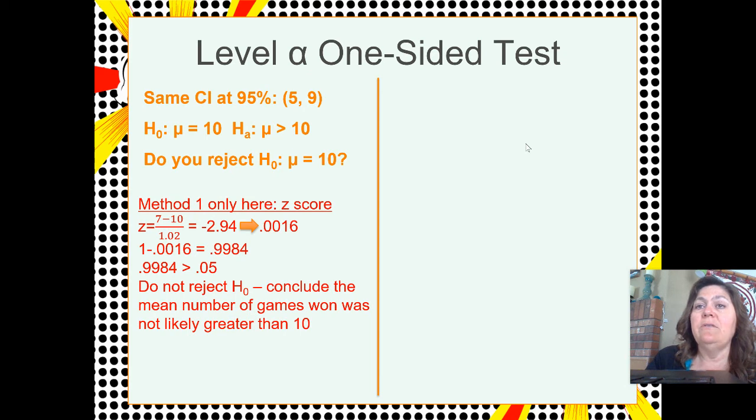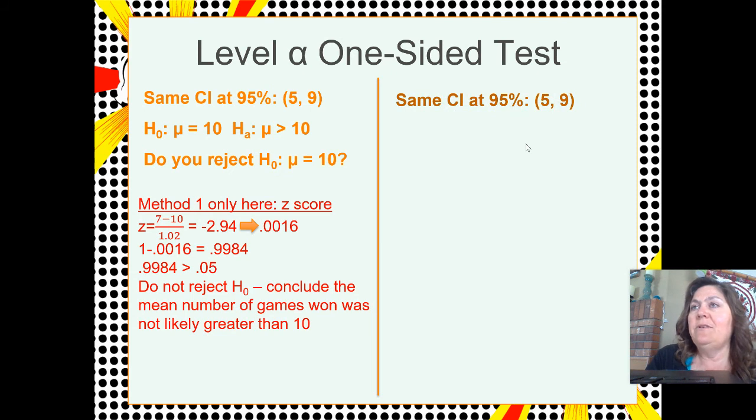And we're going to conclude that the mean number of games won was not likely greater than 10. We failed to reject H0, that it is 10. So we have to conclude that it was not likely going to be greater than 10. We cannot accept the alternative because we cannot reject the null hypothesis.